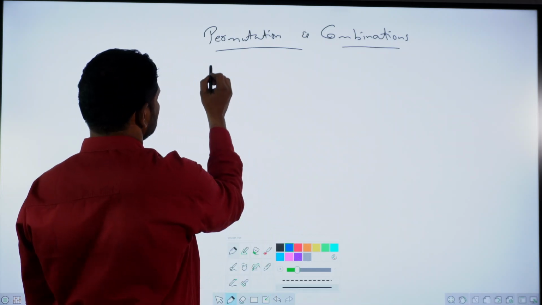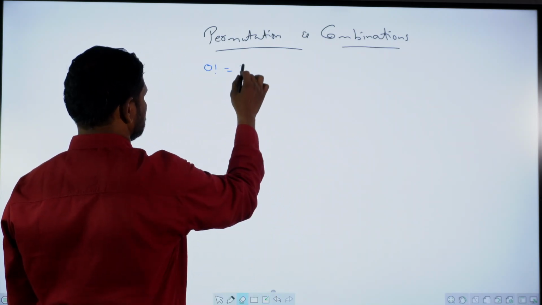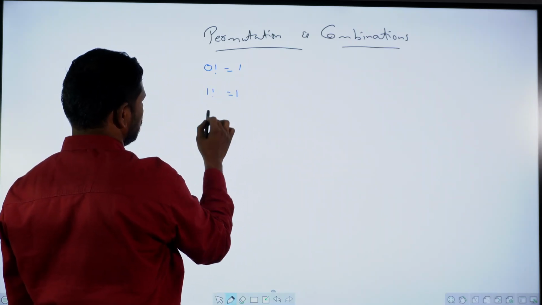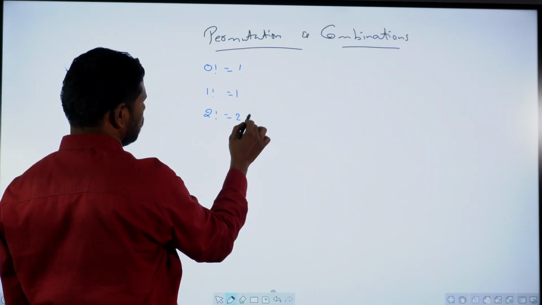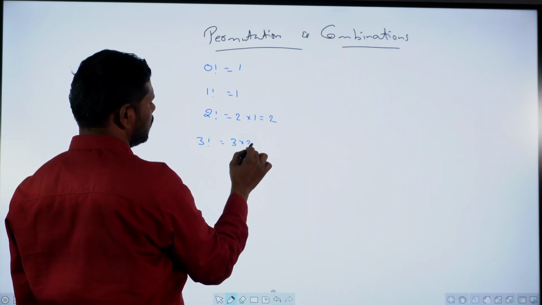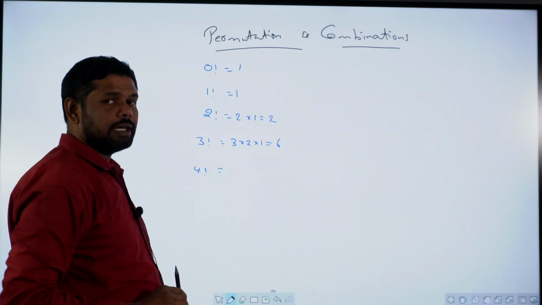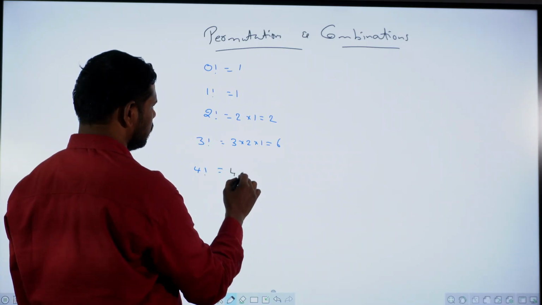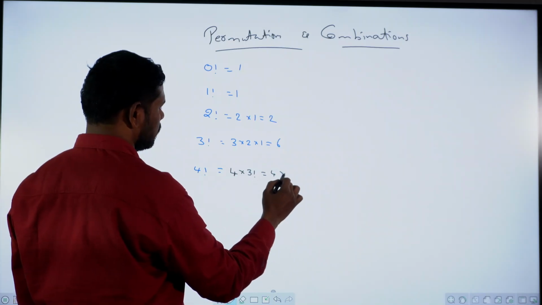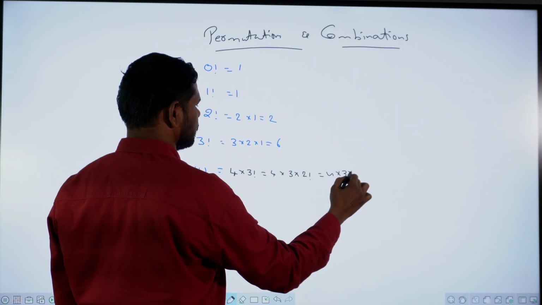We know already 0 factorial means 1. 0 factorial is nothing but 1. 1 factorial means 1. 2 factorial means 2 into 1, nothing but 2. 3 factorial means 3 into 2 into 1, 6. 4 factorial value, right, here we can write 4 into 3 factorial or 4 into 3 into 2 factorial or 4, 3, 2, 1.